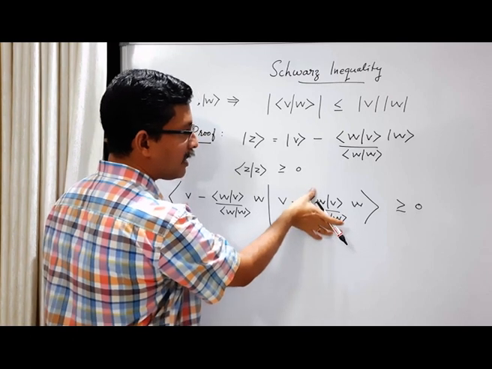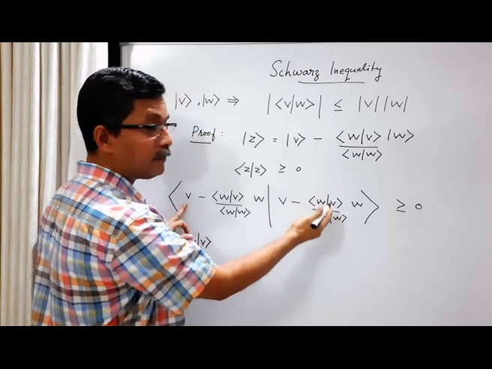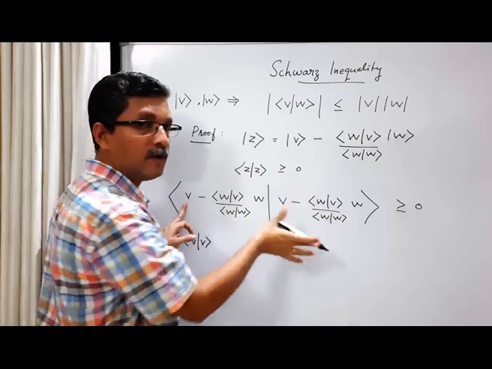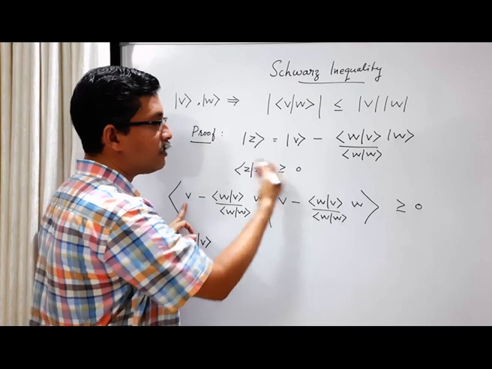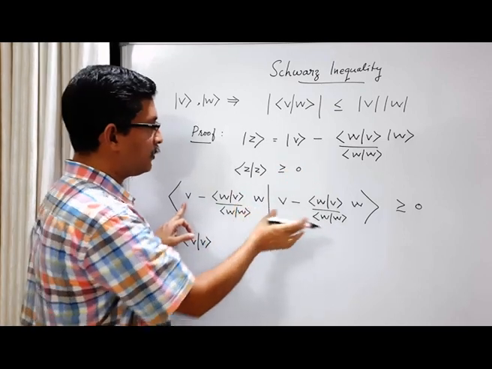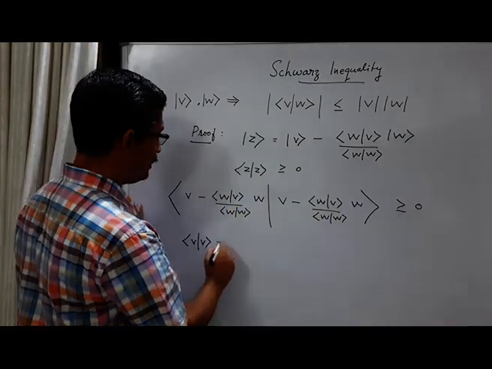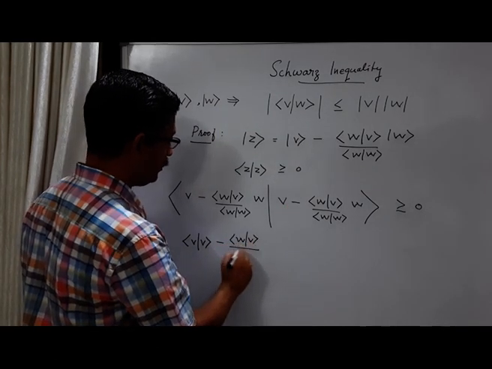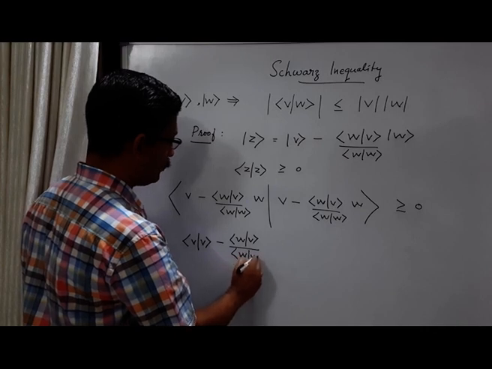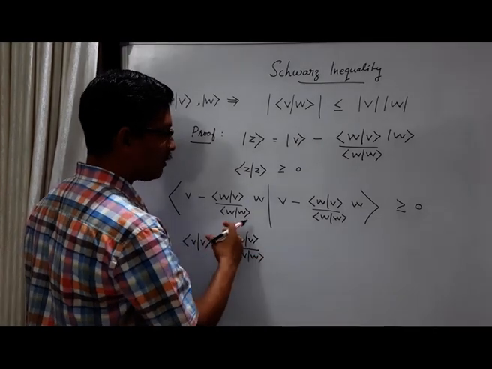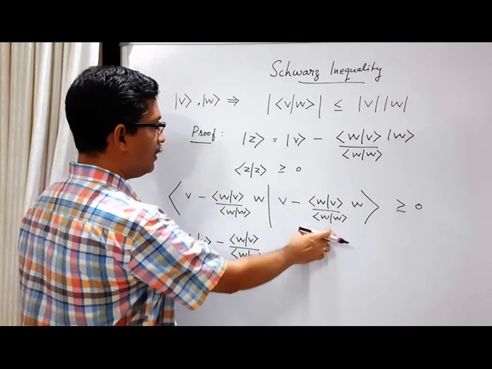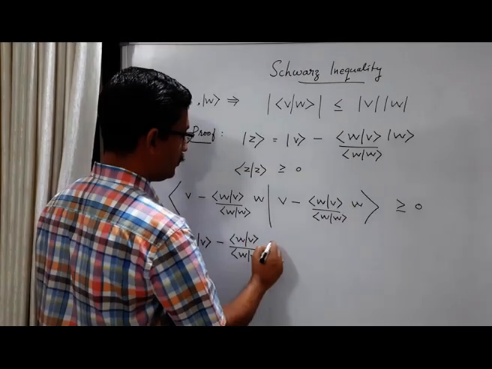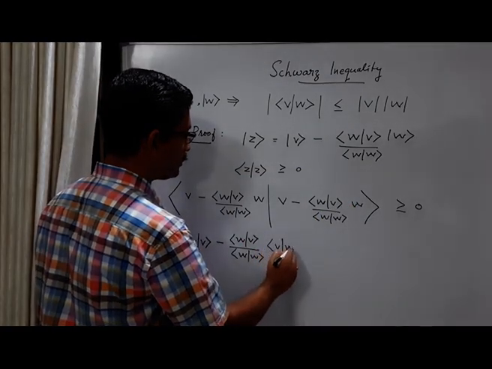Now, when there is a scalar in the ket vector side, when you take the scalar outside, there is no change for that scalar. In general, the scalar will be a complex scalar, but when you take it outside from the ket vector side, it doesn't change. So let us take it outside, with a minus sign here: bra w ket v by bra w ket w. This scalar has come out with this minus sign, and then you have to take the inner product between v and this w. So, bra vector v, ket vector w.